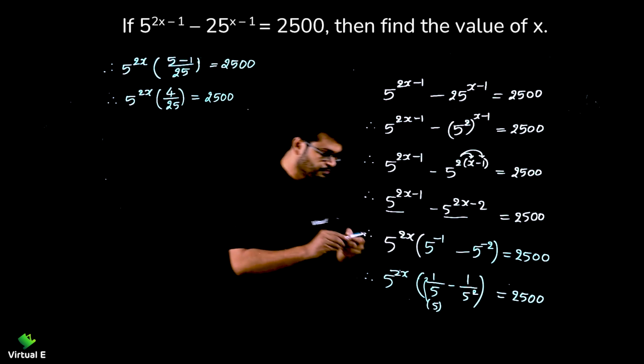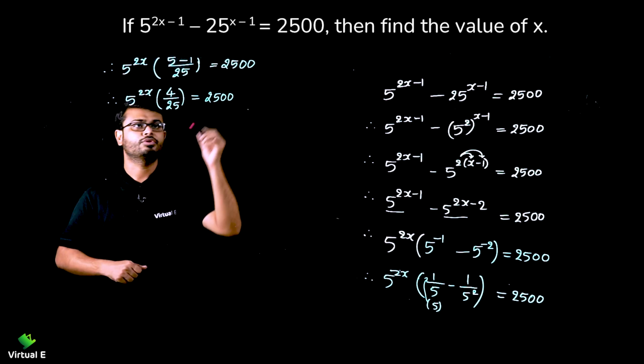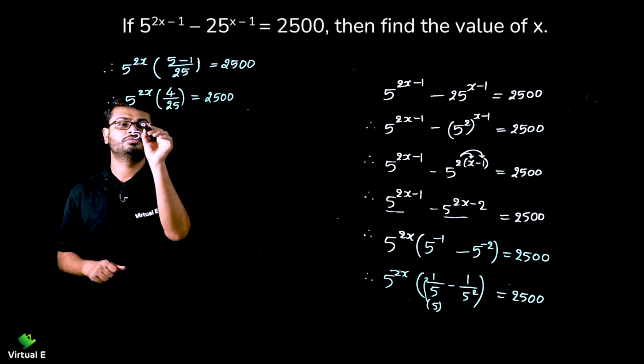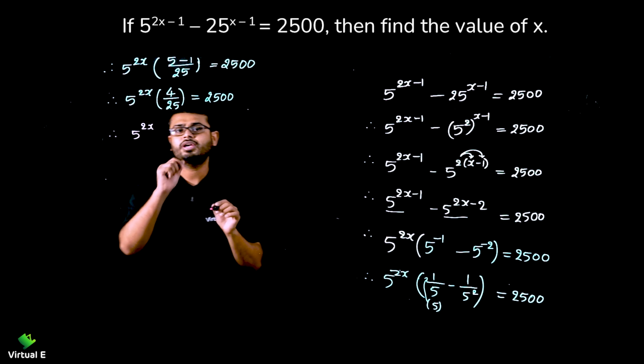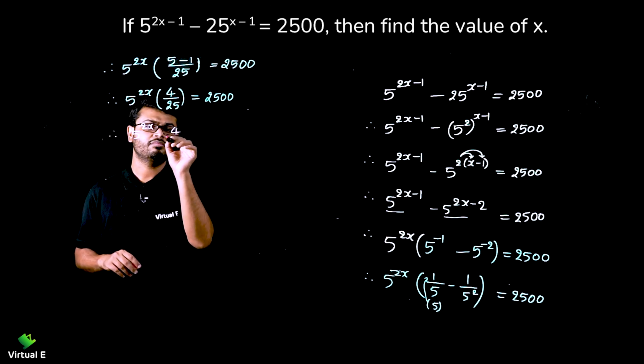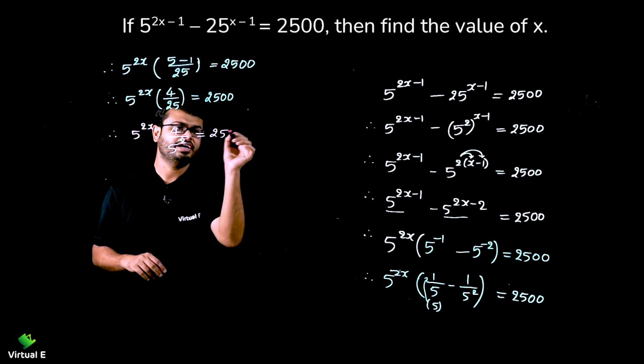Now what are we going to do? We are going to shift these two terms. 25 will go into the numerator, 4 will go into the denominator. So let's write 5 raised to 2x, or you can do it this way as well, that here let's say 4 by 5 raised to 2, I can write it is equal to 2500.